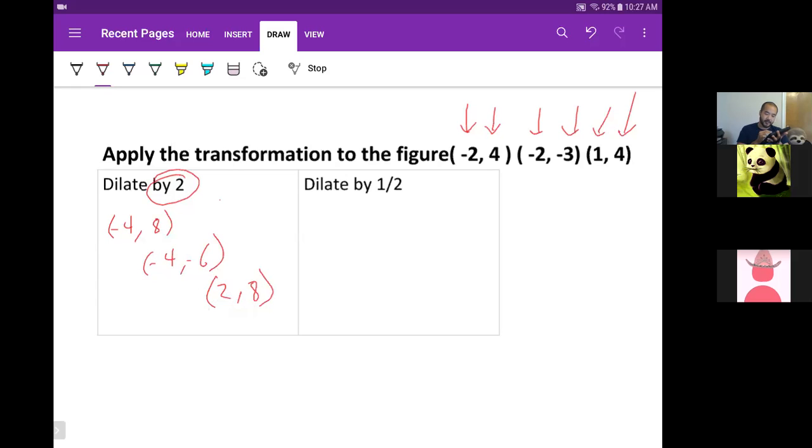Dilate by half, you'd have -1, 2. You'd have -1, -3 by 2. And then you'd have 1/2 and 2.